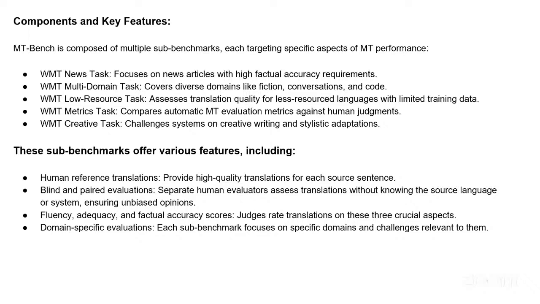Then fluency, accuracy or adequacy, and factual accuracy scores, which judge the translations on these three crucial aspects. Domain-specific evaluations: each sub-benchmark focuses on specific domains and challenges relevant to them.